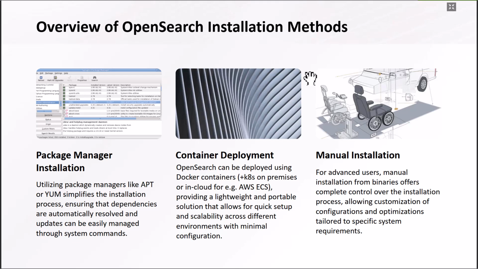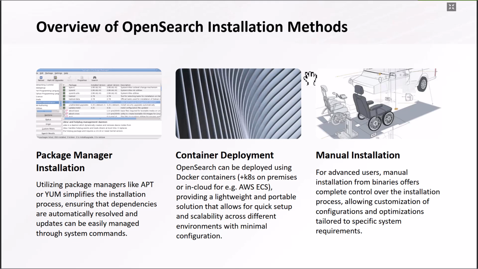You can do a package manager installation. For example, you could utilize package managers like apt on Debian-based operating systems, or yum or DNF in the recent Red Hat-based operating systems. You could do a container deployment, which is Docker. We will be using container deployment throughout this course because that makes it transferable and keeps it flexible enough for you to execute on any operating system.